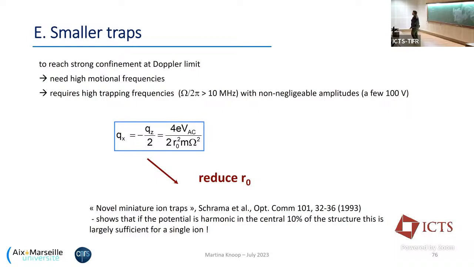No, the problem is that if you want to work with a macroscopic trap, like the traps I talked about yesterday, they have sizes of a few millimeters, and their capacitance is larger than that of the traps I will talk about now. I will show you some traps which are very small, and they have a negligible capacitance, if you can say so. Then the only thing that is more important is the vacuum feedthrough, which is still limiting for the helical resonator.